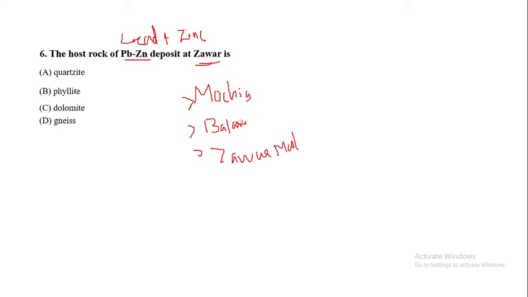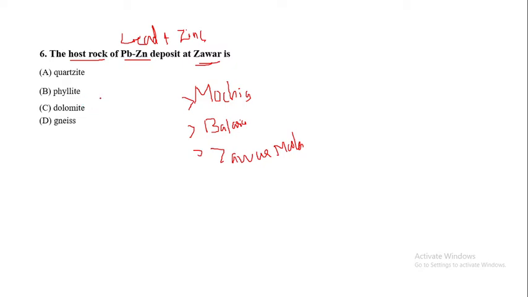So these 3 are the main lead zinc deposits of the Sawar region. Now the question is the host rock. Which will be the host rock of this lead zinc deposit of Sawar? So here we have the options: quartzite, phyllite, dolomite and gneiss.